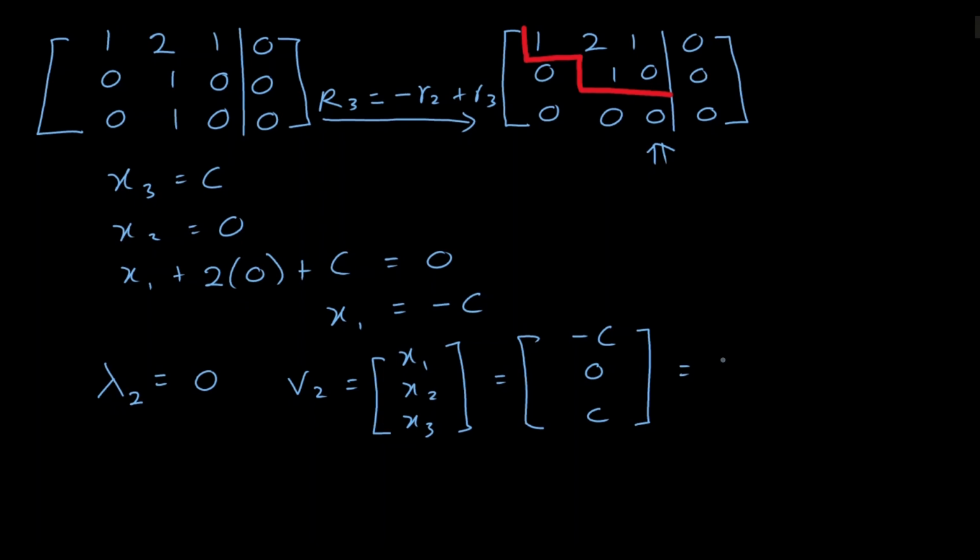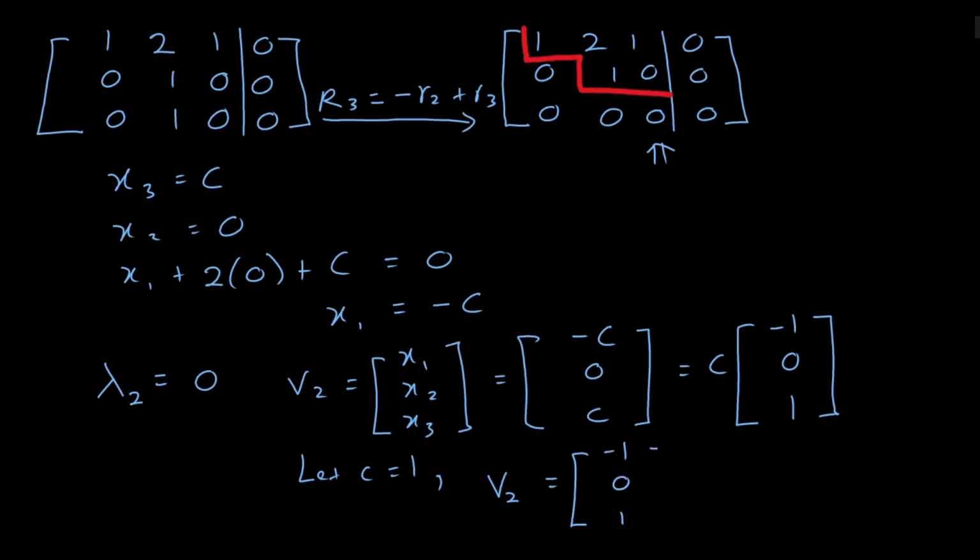Okay, factorizing c out, I have now minus 1, 0, 1. Notice that the magnitude of each element over here is actually less than or equal to 1, and so we let c be equals to 1. We have the second eigenvector as minus 1, 0, 1.